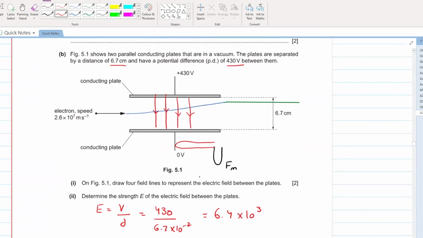If you apply Fleming's left hand rule here, thumb pointing downward, finger pointing towards the left, the magnetic field comes out to be into the page.